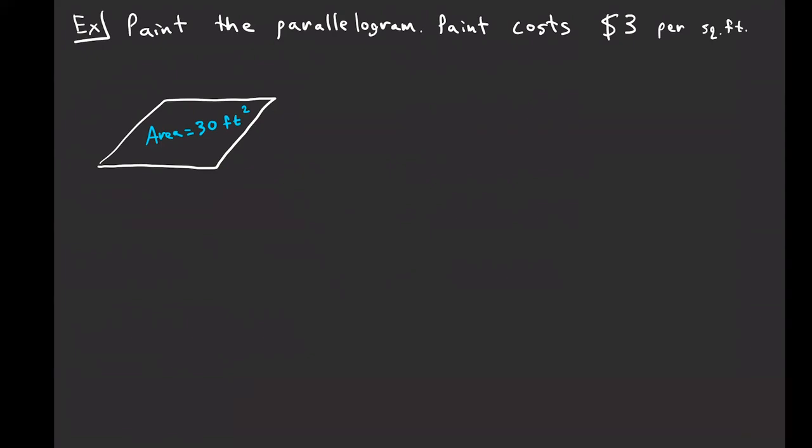Well, we can come up with a formula here. We can say, hey, the cost is going to be equal to the area of paint multiplied by the cost of paint per area, right?